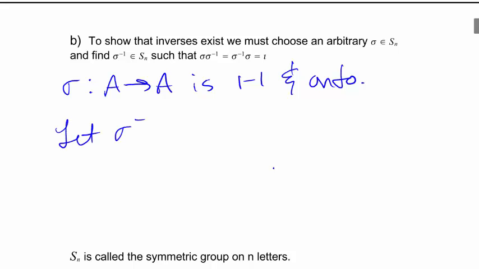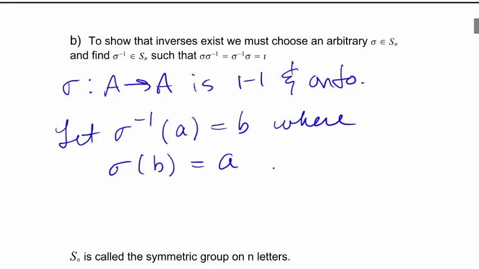Let sigma inverse of a be equal to b, where sigma of b is a. We know b exists because sigma is one-to-one and onto. So this gives us our inverse, and you can quickly see that sigma inverse sigma is the same thing as sigma sigma inverse, which is the identity map.